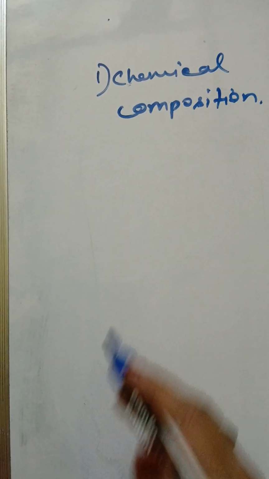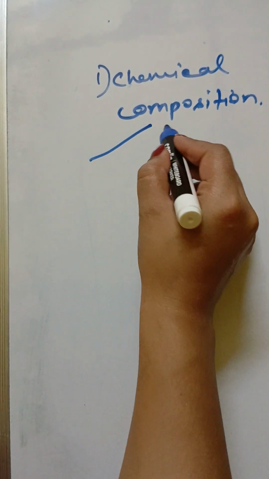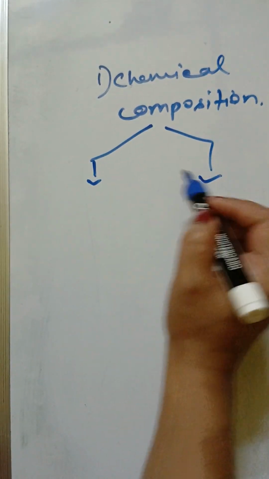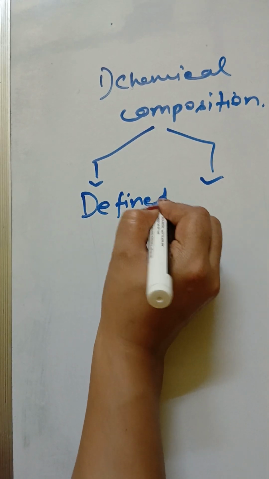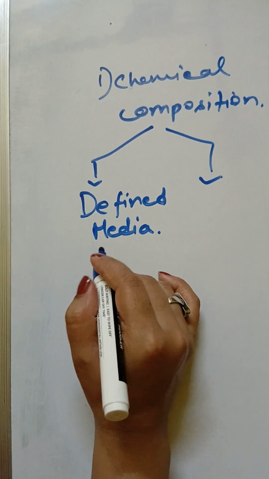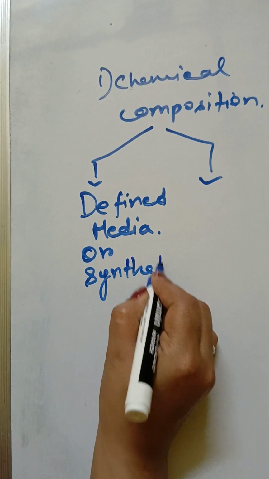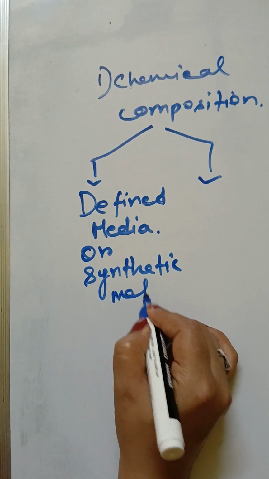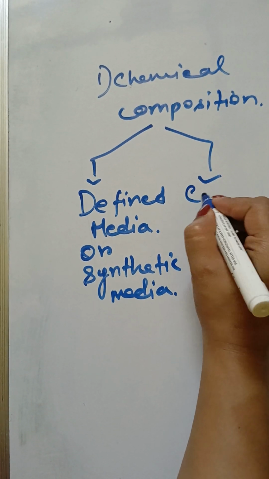On the basis of this chemical composition, the media is subdivided into two types. One is defined media, also known as synthetic media, and another one is complex media.